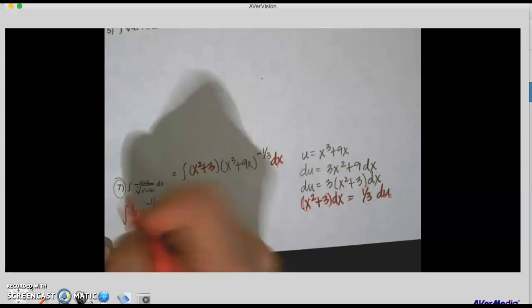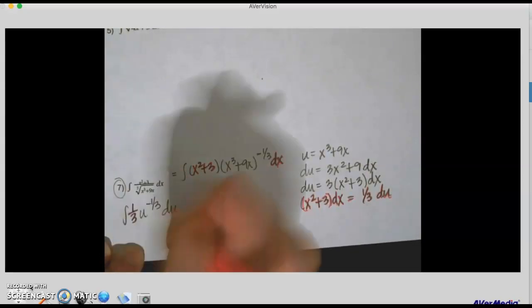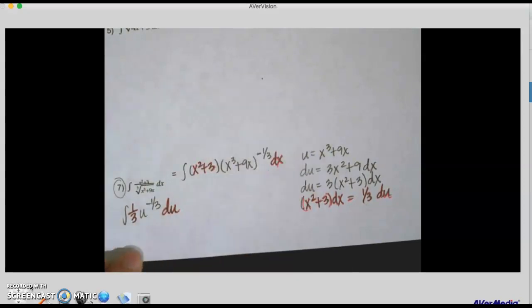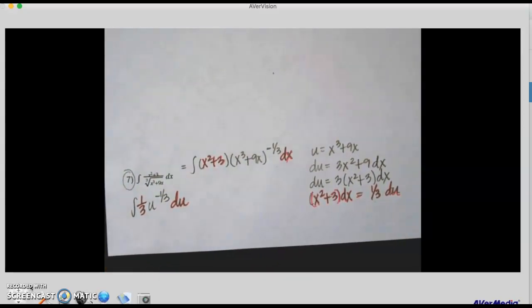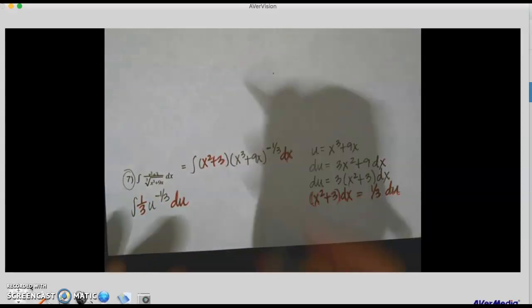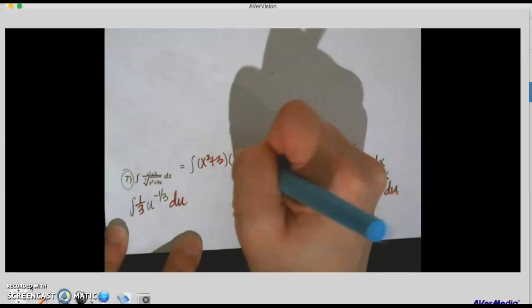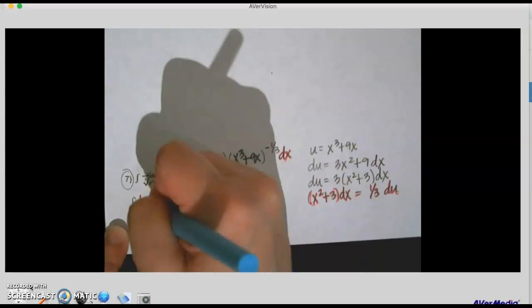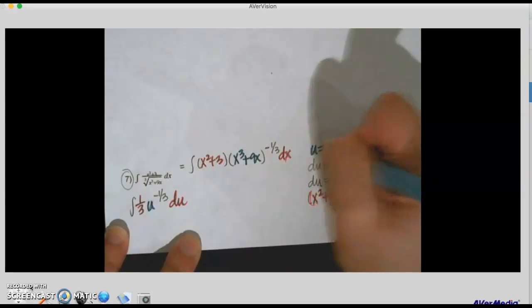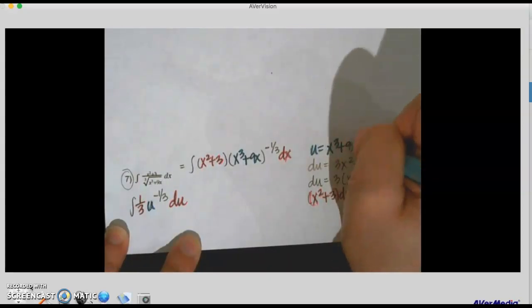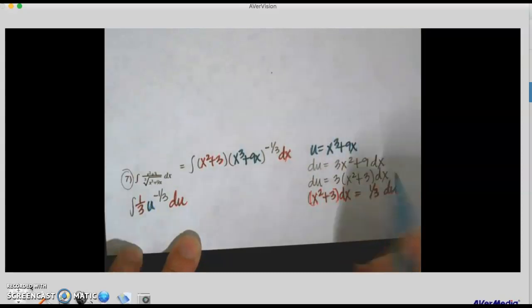So again, that 1/3 du is that entire pink part that we substituted in. And the u is just the x cubed plus the 9x part. All the rest in pencil is the work for it.